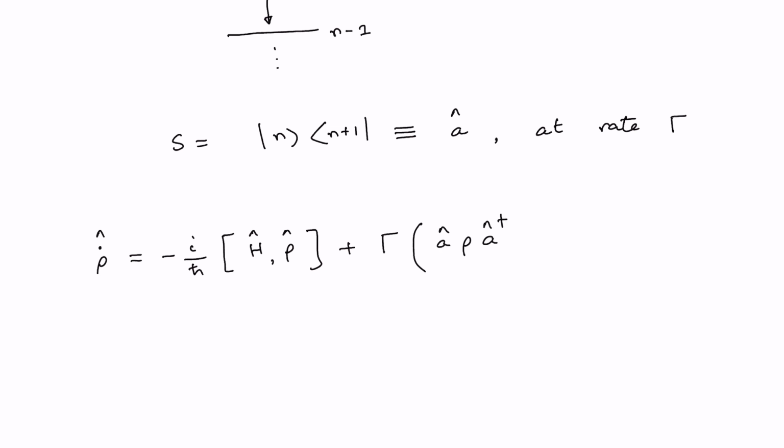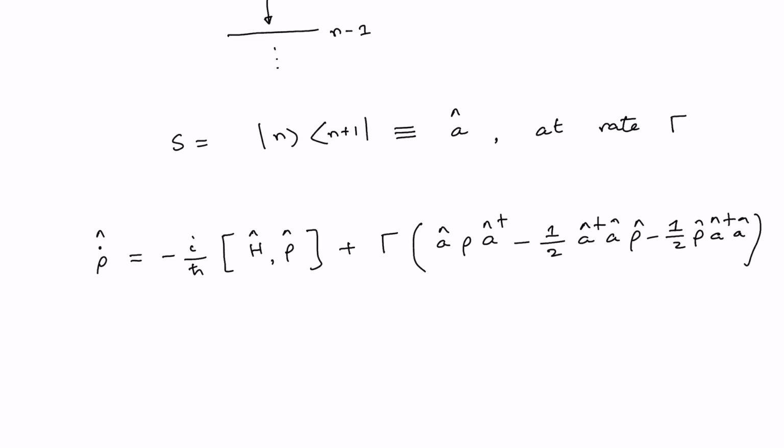You recall you have this kind of form. Already we have seen it, so let me not repeat again. And the other two terms are going to be minus 1/2 a dagger a rho minus 1/2 rho a dagger a. So this is the Lindblad master equation for this damped harmonic oscillator.